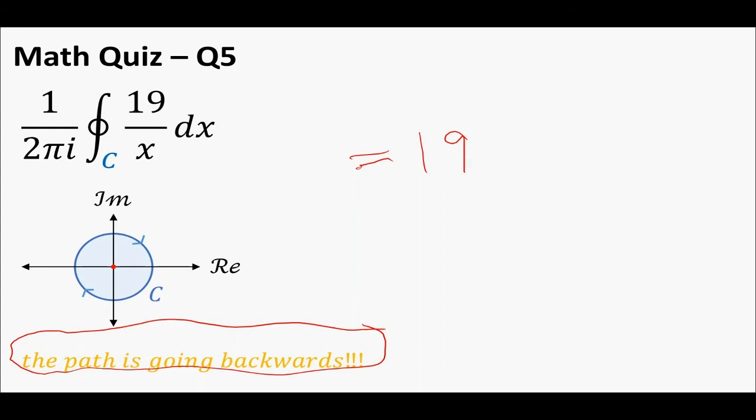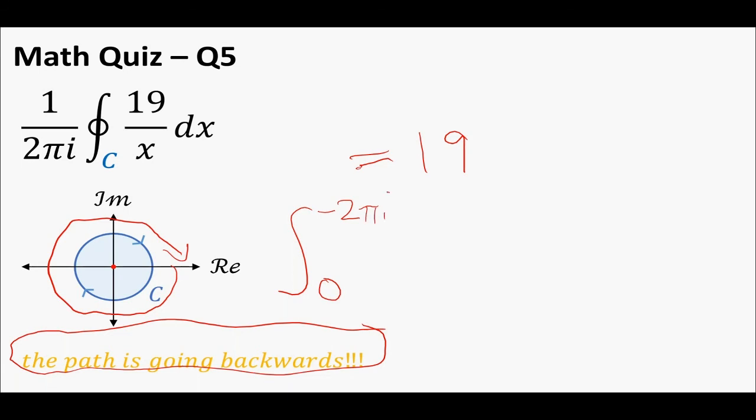So if you do the whole substitution of e to the I theta, now that you're going backwards, the angles it goes through will start at 0 and then go to negative 2 pi.